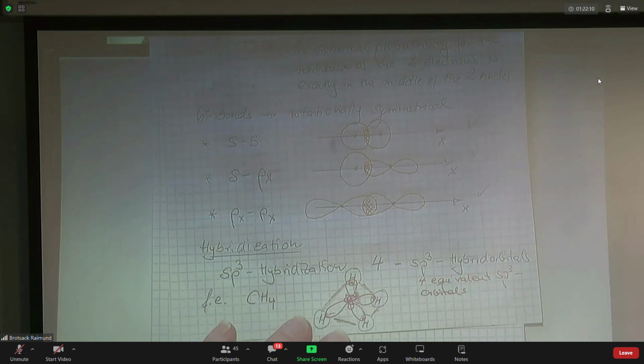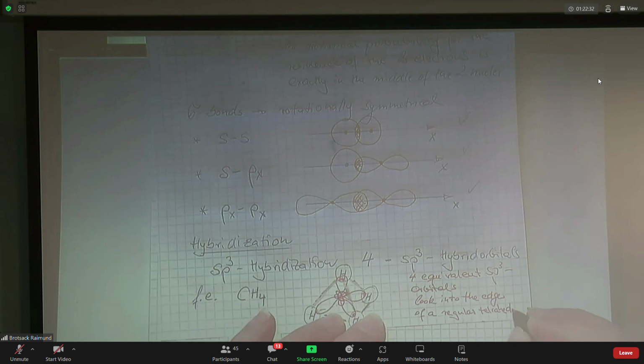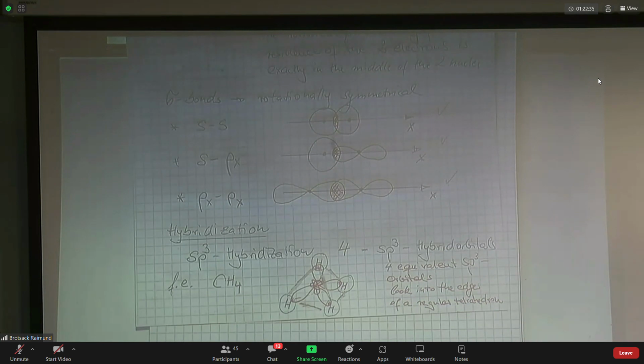They look into the edges of a regular tetrahedron. And they are built out of one s and 3 p orbitals.